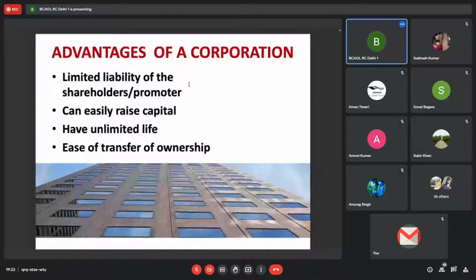I'm pretty sure most of you must know what shares are. It's nothing but the whole capital of the company is broken down into small pieces known as the shares. It has a value. A share can be of rupees 1, 2, 10, 1,000, 1 crores. It depends upon the company what price it wants to give its share.